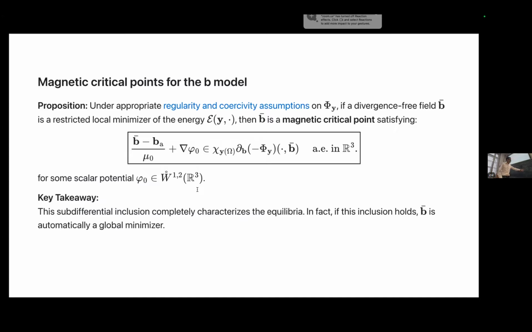And the point is that the subdifferential of this indicator function is made of all the vector fields which are the gradients of something. And this is where these additional terms come from.